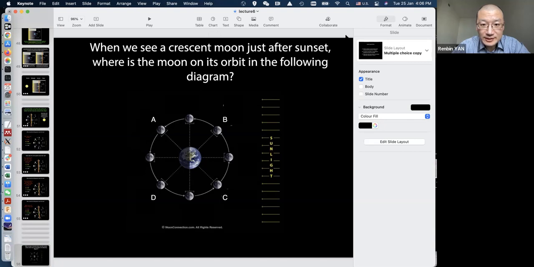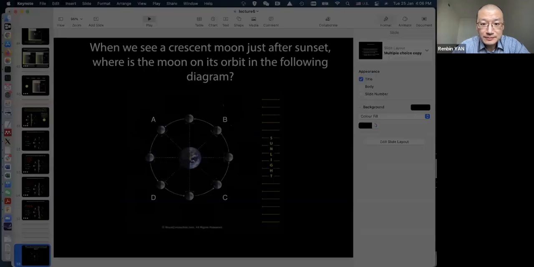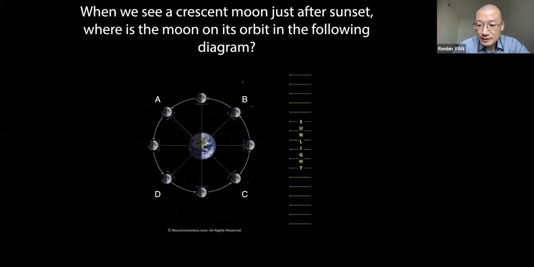When you see the crescent moon at sunset, where is the moon on its orbit in the following diagram? Is it A, B, C, or D? Remember, there are two crescent moon positions in this circle, right? Which one is the one that we'll see at sunset?